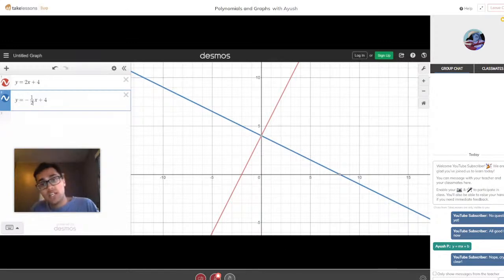And you take the negative of that. So that's negative 1/2. And in this case, that is going to give us 2 perpendicular lines. They have the same y-intercept of 4, but because they have slopes that are negative inverses of one another, they are going to be perpendicular.